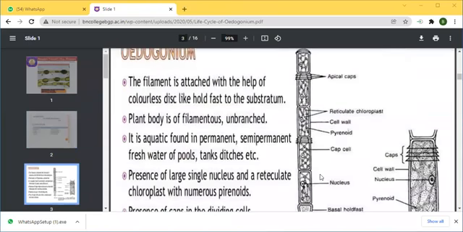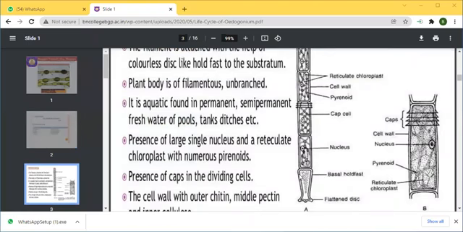The filament is attached to any substratum by the basal part or holdfast, meaning any part in fresh water, sometimes another plant body, sometimes attached to rocks, sand-like parts. These basal portions are for attachment.